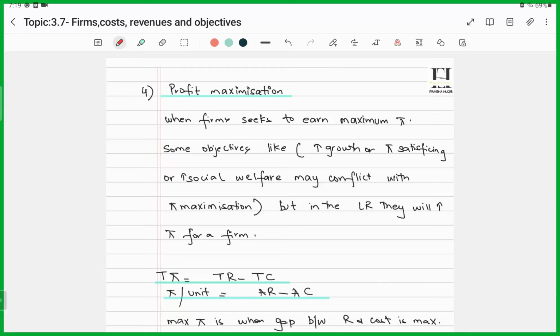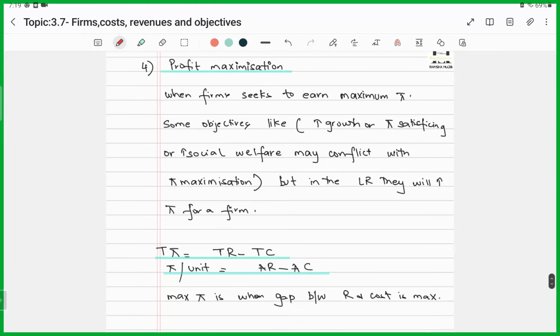Or when they are trying to achieve welfare for employees, they are sacrificing a part of their profit. But in the long run, you would observe that these sacrifices would eventually enable the firm to earn even larger, sizable profits.